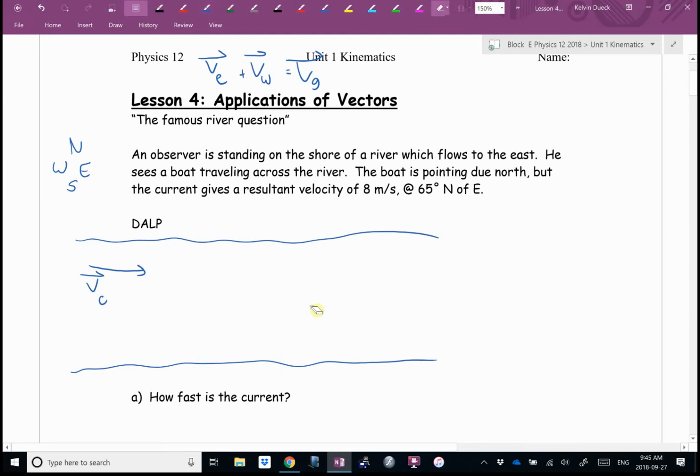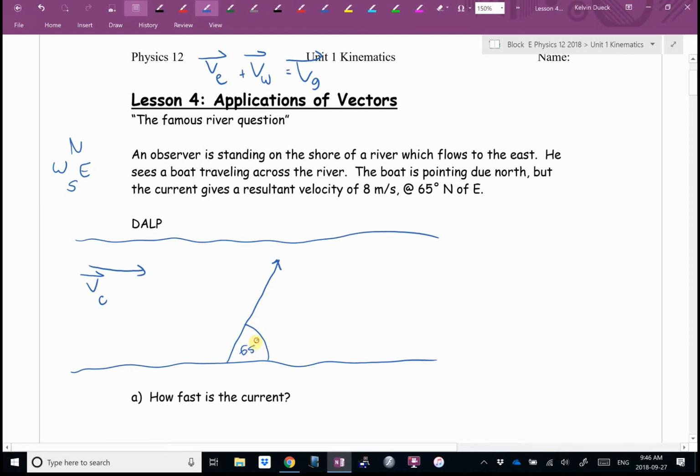In fact, what's the resultant velocity, Brian? Can you read it to me, magnitude and direction? North of what? East? I'm going to draw east first, and I'm going to go north of east. I think it's going to look like this. Like that.